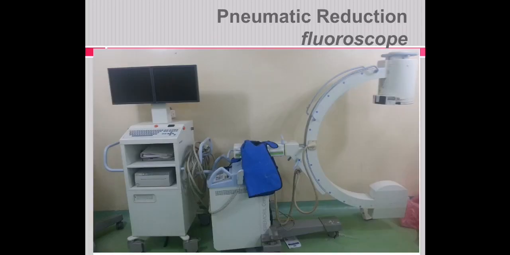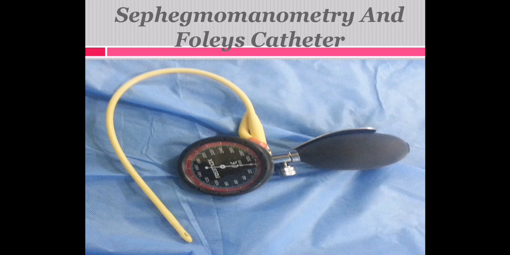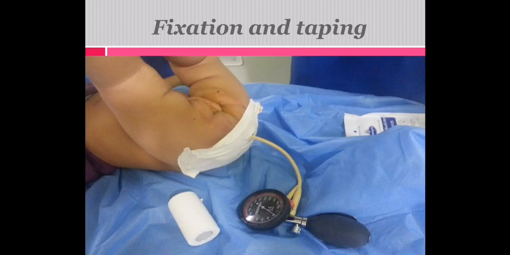Regarding pneumatic enema reduction, we should have a fluoroscope, as described in the photo, and a sphygmomanometer to insufflate air under control. The therapeutic pressure should not exceed 120 millimeters of mercury, otherwise the baby is at risk of developing iatrogenic bowel perforation.